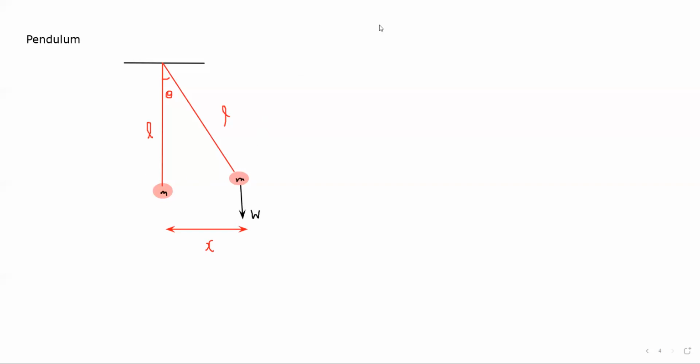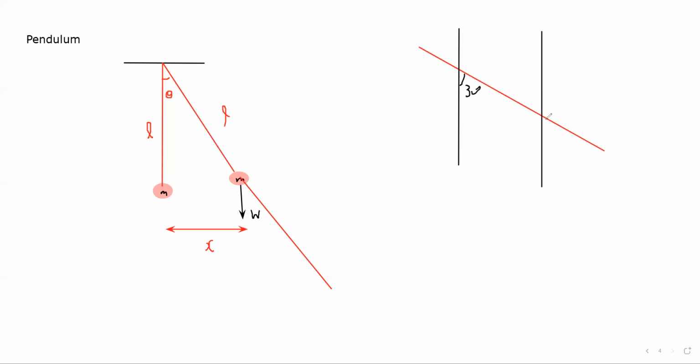How can we work it out? If I extend this line, the angle formed from the mean position to the string, the displacement position, is the same as the angle between the weight, because if a transversal intersects two parallel lines, the angles formed will be the same. For example, if this angle was 30 degrees, the other angle will also be 30 degrees.